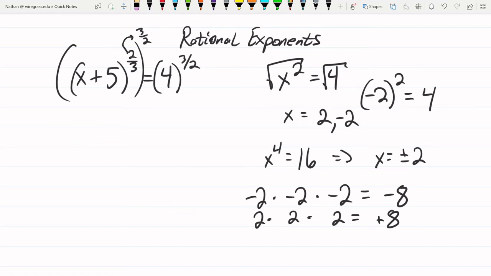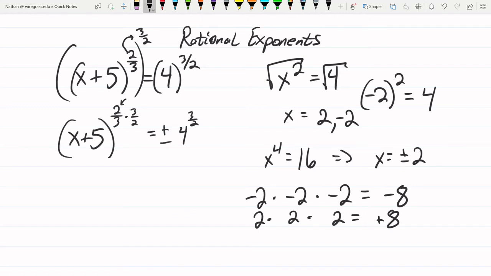So we have x plus 5 to the 2/3 times 3/2 equals 4 to the 3/2. I had an even power and I got rid of it, so I need to add a plus or minus in front of the answer. And 2 cancels with 2, 3 cancels with 3. The power just becomes 1, so I can drop the parentheses and just write x plus 5 equals plus or minus 4 to the 3/2.